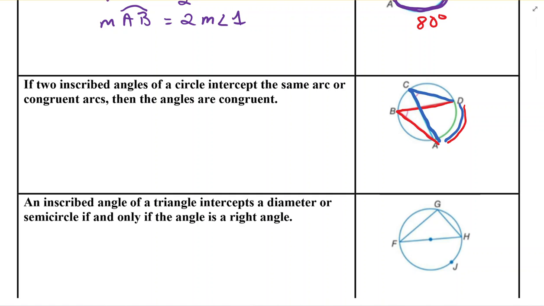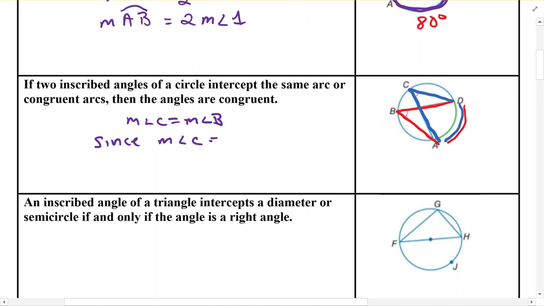So in this one, the measure of angle C equals the measure of angle B, since the measure of angle C equals 1/2 the measure of arc DA, and the measure of angle B equals 1/2 the measure of arc DA.